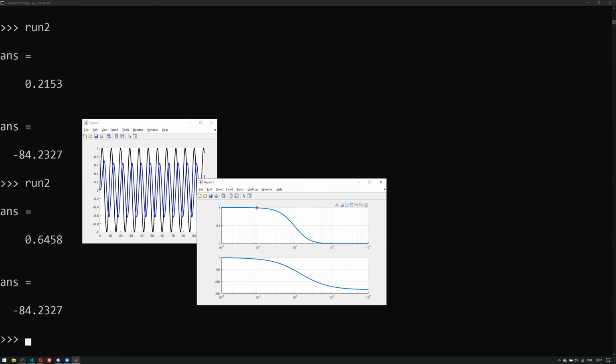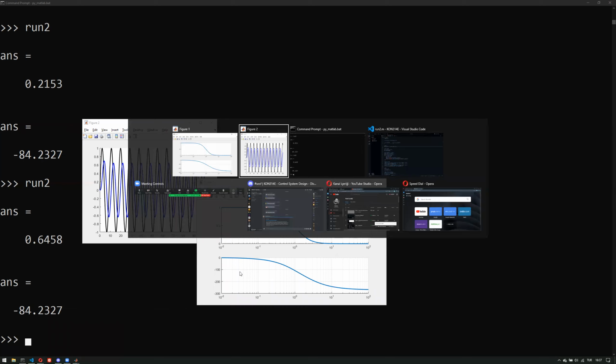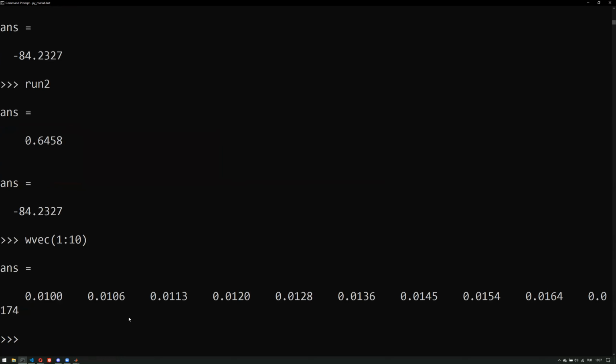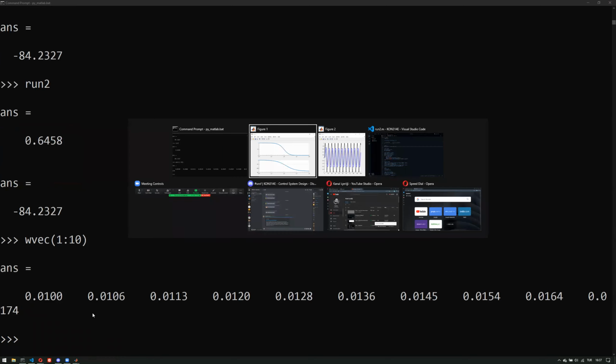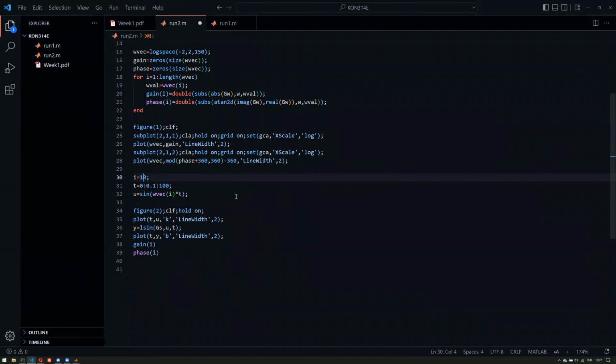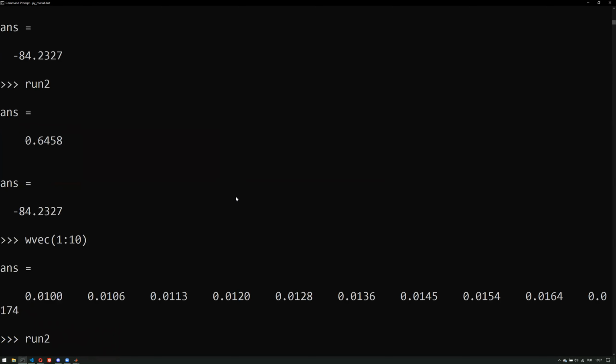As we can see, the frequency here is 10 to the power. So maybe we should look at the first 10 elements of omega vec here. I could use i equals 10 in order to demonstrate that the gain will not change that much.